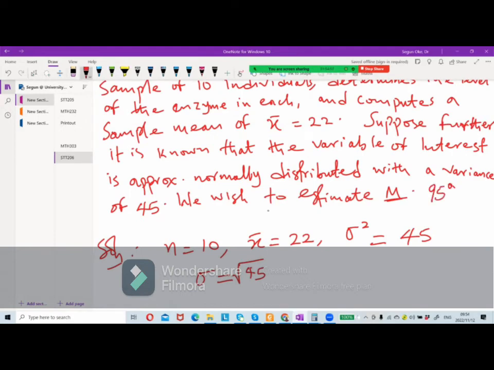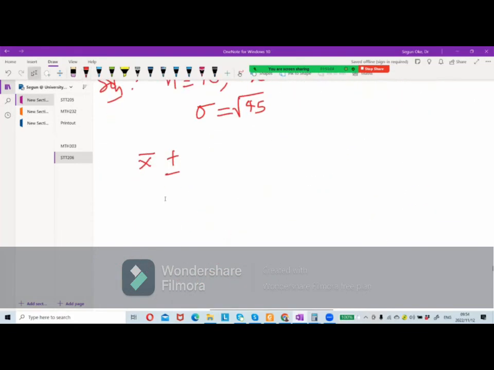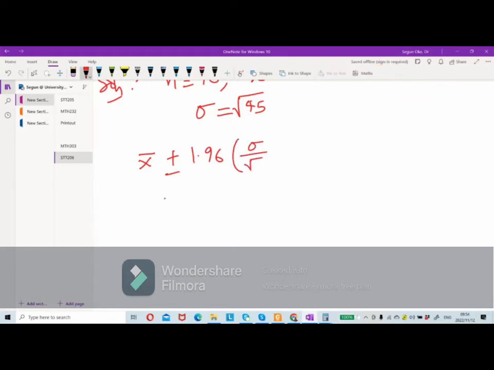So it will be 1.96 multiplied by sigma over square root of n. I know everything here. All I need is just to put it together. 22 plus or minus 1.96 into square root of 45 divided by square root of 10.